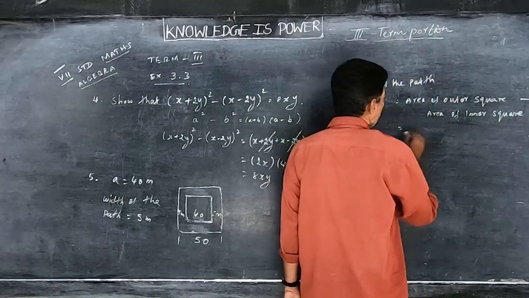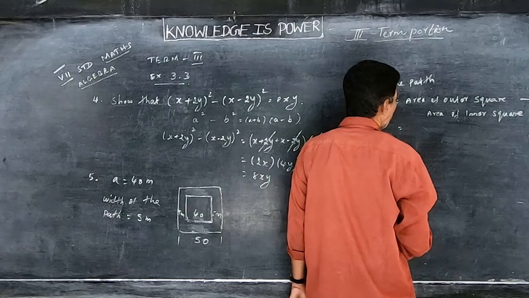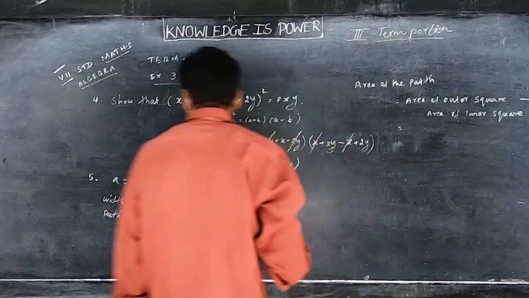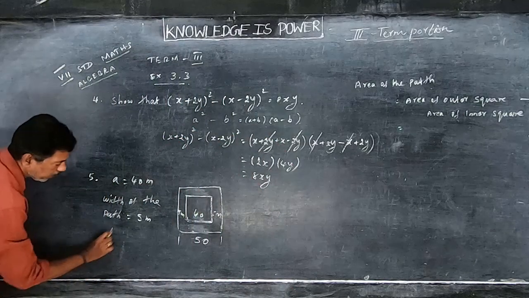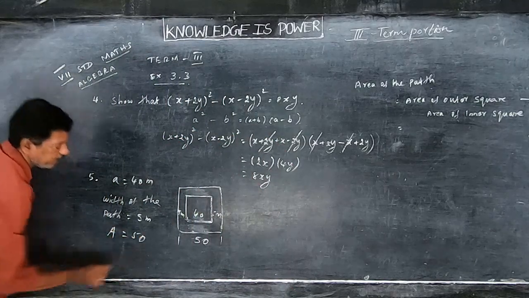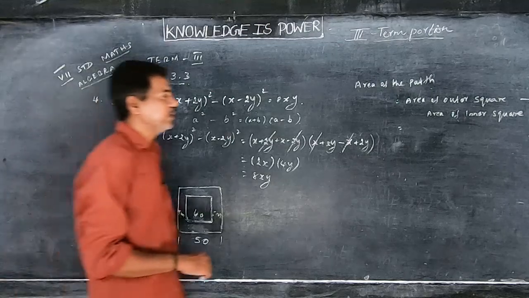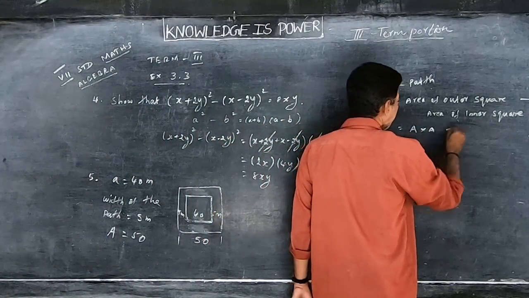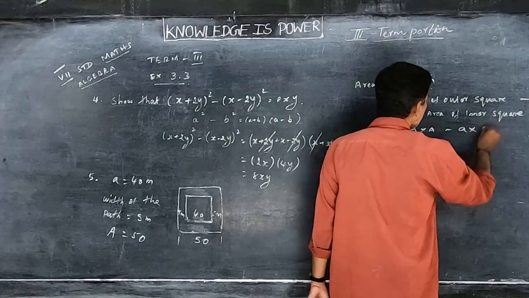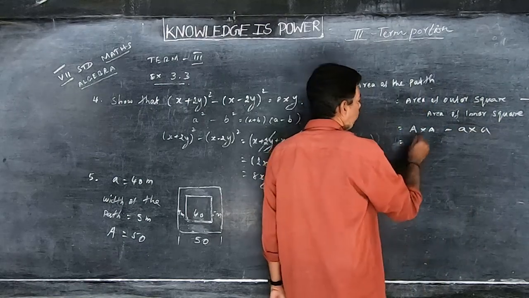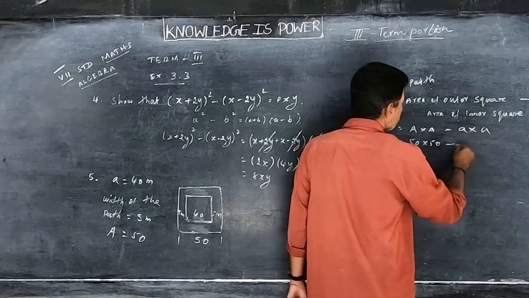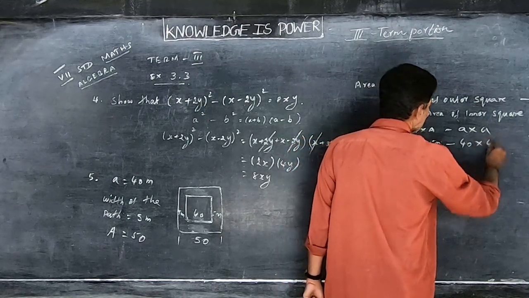So what will be the area of the outer square? Taking the example of A, A will be 50. A into A minus a into a. Capital A is 50. What is small a? 40.